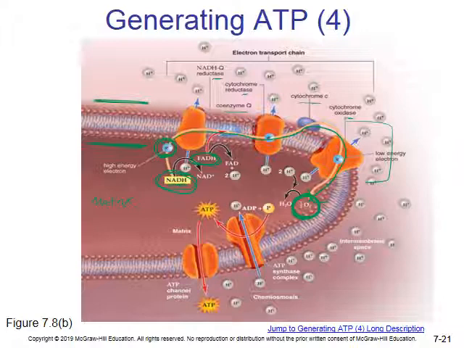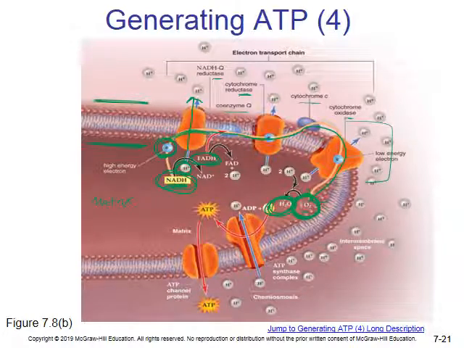So NADH and FADH2 drop off the electrons, which move through the complex, and the final acceptor of the electron is oxygen, which combines with hydrogens to form water. Remember, when NADH dropped off electrons, it was also carrying hydrogens. The hydrogens move through these enzymes or proteins as the electron moves through.